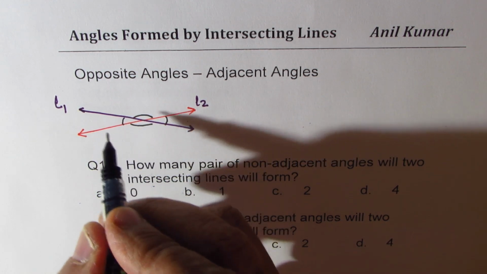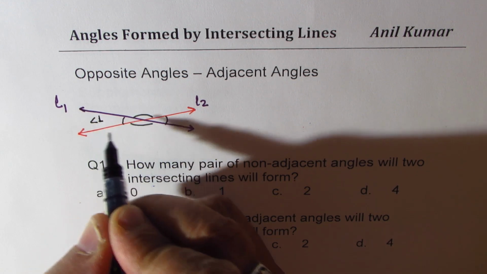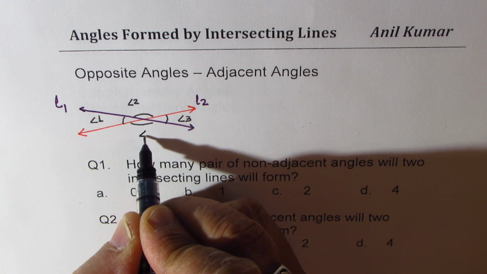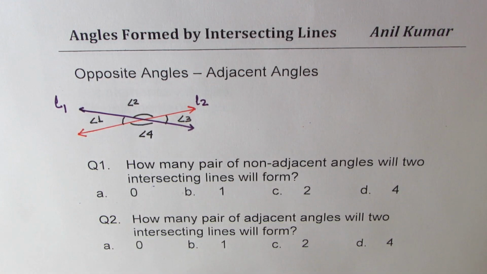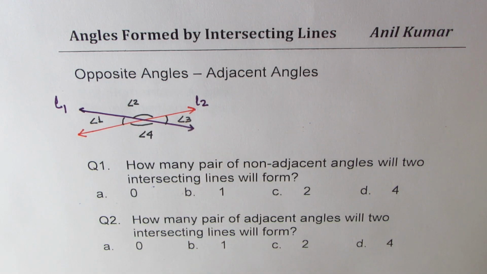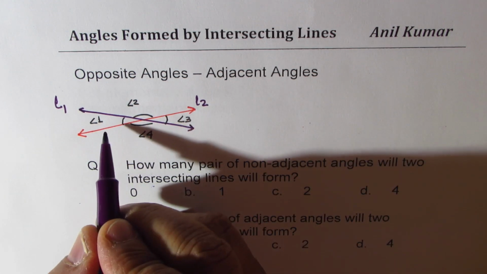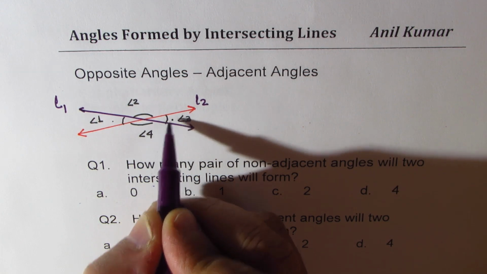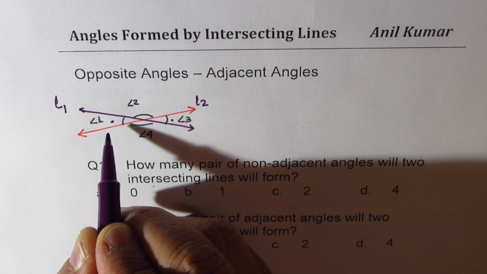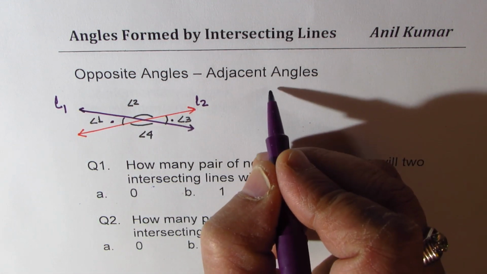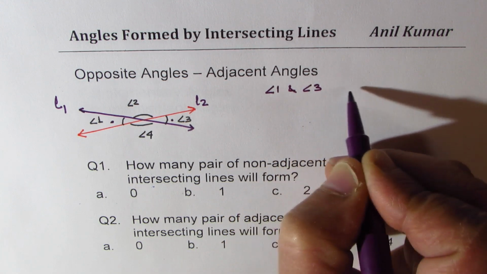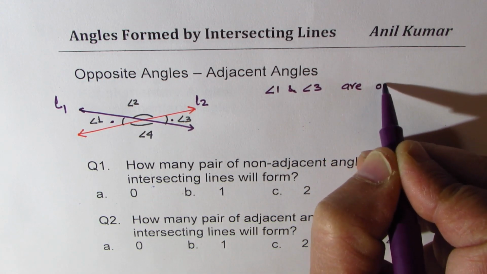Let me name them as angle 1, angle 2, angle 3, and angle 4. Now, if you see these angles, then a pair of angle is opposite angle. Do you see these two angles? They are on the other side. So what we notice here is that the angle 1 and angle 3 are opposite angles.